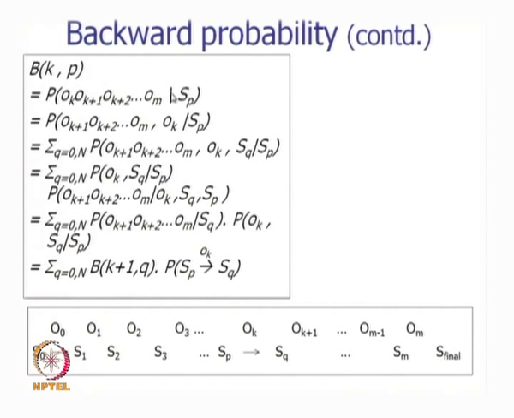So, both backward and forward probability can be calculated in time linear in the length of the sequence. Now, both these probability values are very useful for various kinds of computation involving the hidden Markov model, and we will now proceed to see how these two probability values are used for training the hidden Markov model.